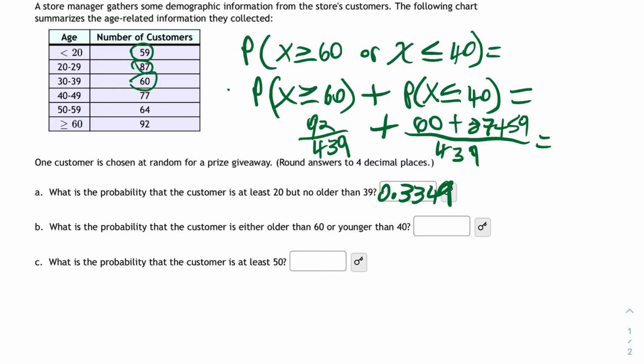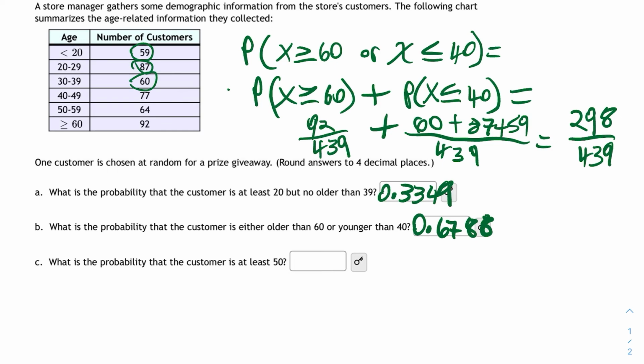When all these get added up, it amounts to 298 on top over the 439 on the bottom because they already have common denominators. So you get 298 over 439. And when you divide that, you get 0.6788, or roughly 68%.